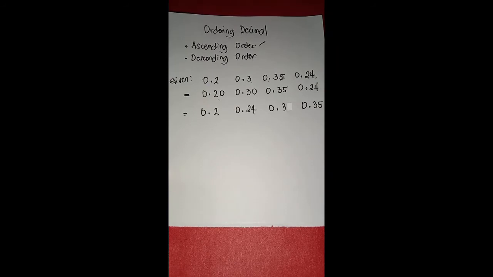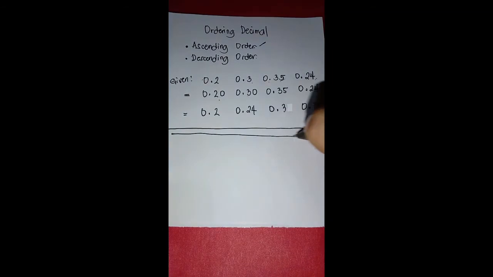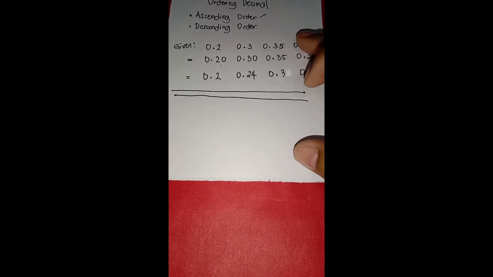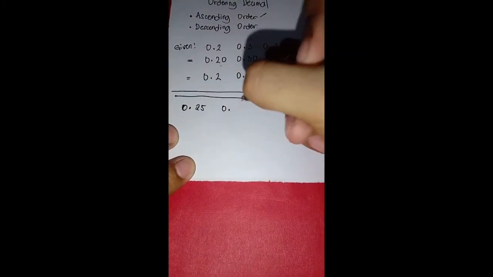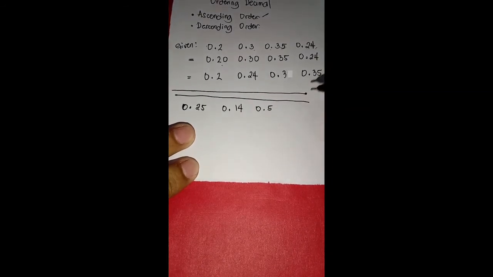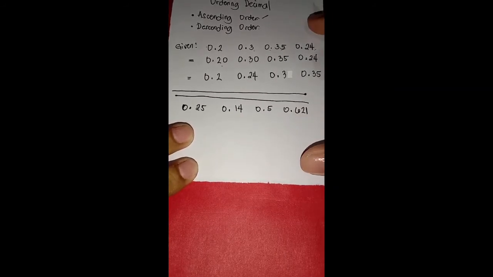Okay. So, how about descending order? So, let's have another example. What if meron naman tayong 0 and 25 hundredths, then 0 and 14 hundredths, 0 and 5 tenths, and then 0 and 621 thousandths.